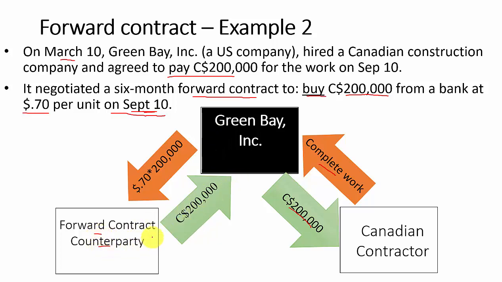The forward contract counterparty will deliver to Green Bay 200,000 Canadian dollars. Okay? And Green Bay will pay 70 cents per Canadian dollar. In other words, the total amount of US dollars it pays is 0.70 times 200,000, which is about what?